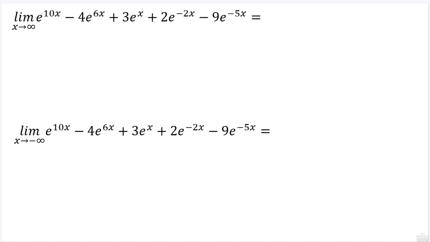So we've got a limit as x approaches infinity of this whole big mess of a string of things. e to the 10x minus 4e to the 6x plus 3e to the x plus 2e to the negative 2x minus 9e to the negative 5x. Which, if I plug in infinity, I get infinity minus infinity plus infinity for all those, plus, ooh, this one's e to the negative infinity.